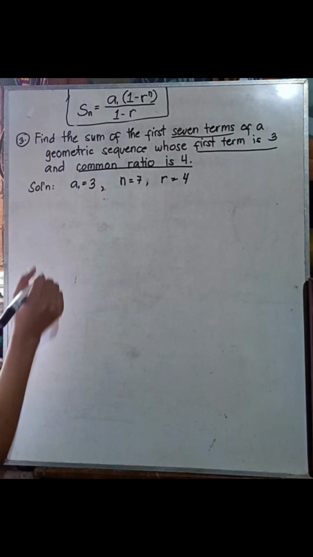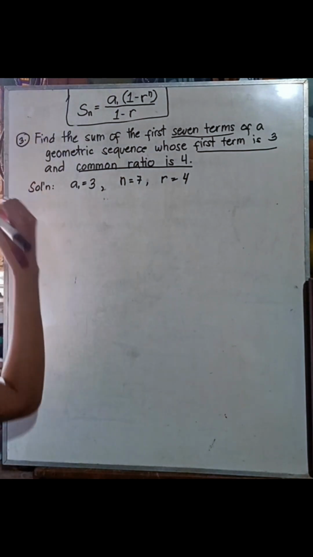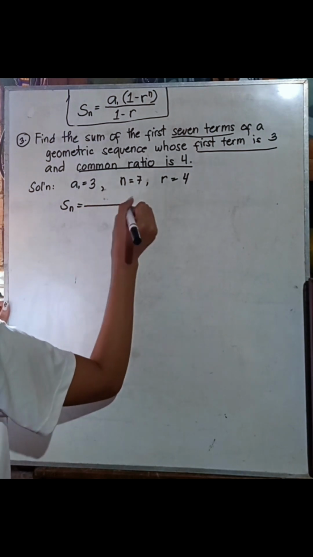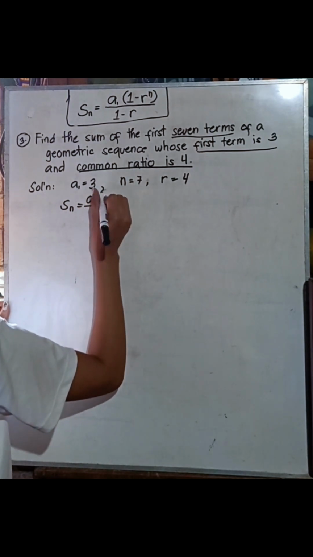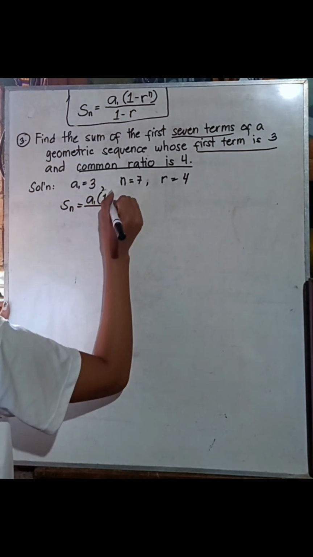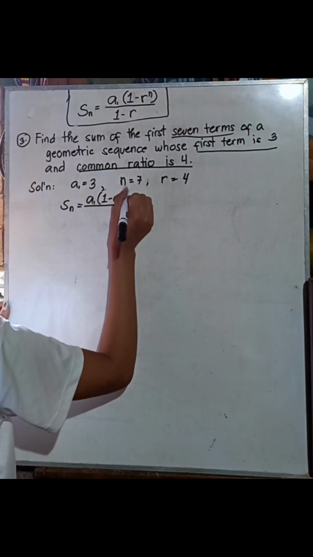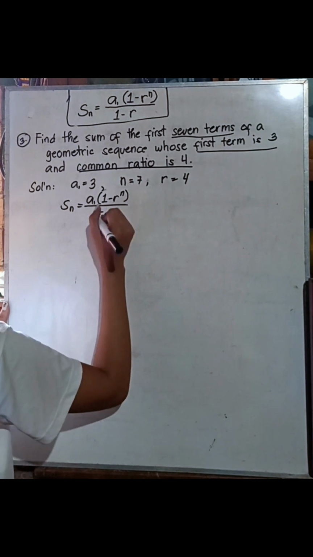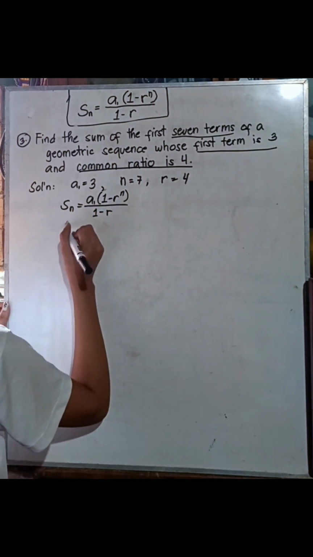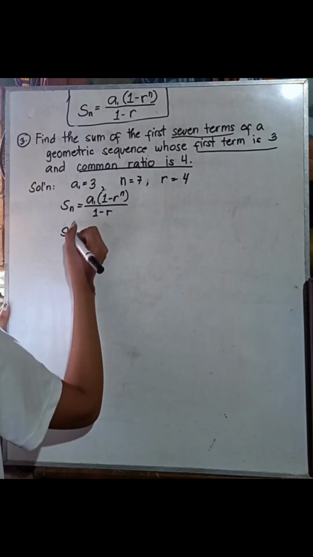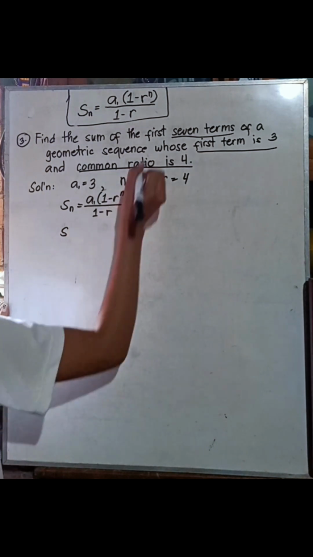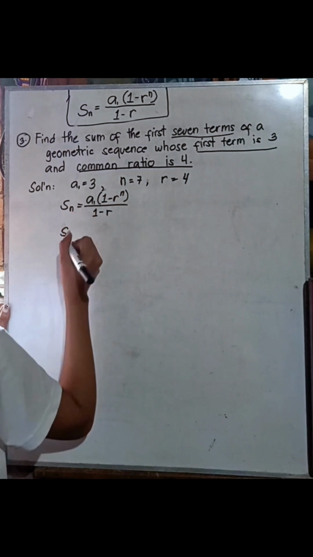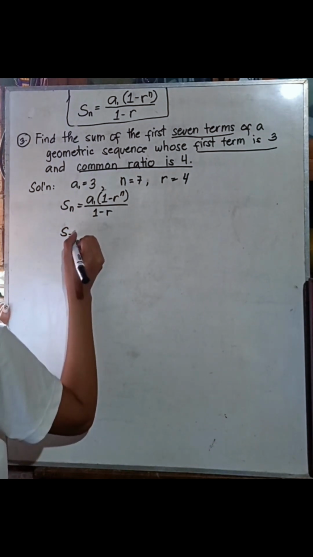Now, let's use again this formula. S sub n is equals to a sub 1 times 1 minus r exponent of n over 1 minus r. Ang ating hinahanap na sum of the first 7 term man siya. So, ang atong S sub n, mahimo na siyang S sub 7.